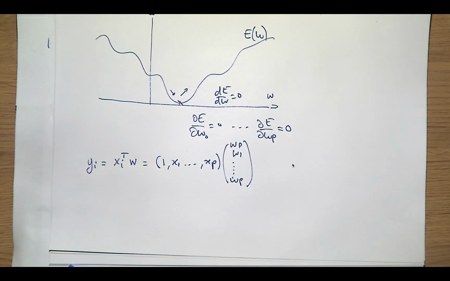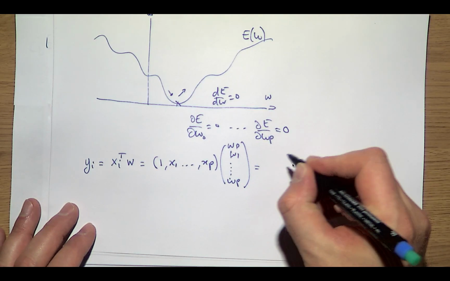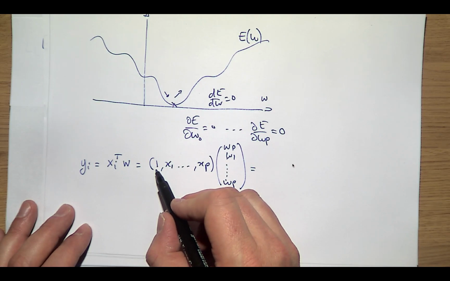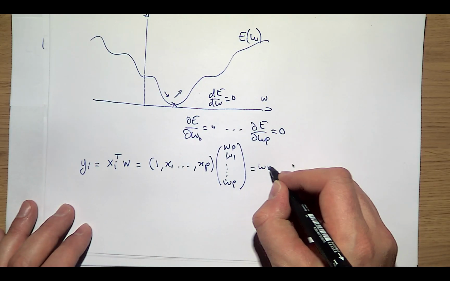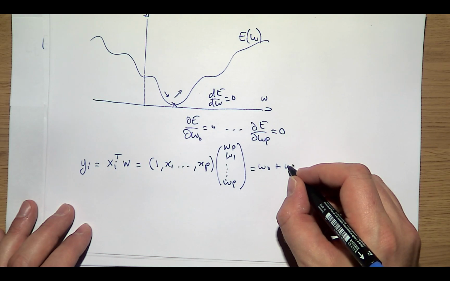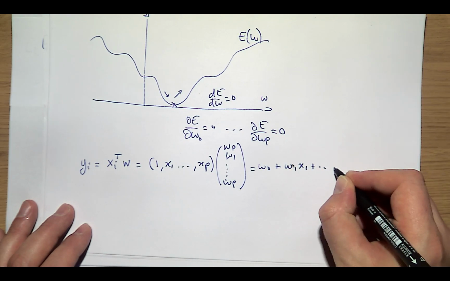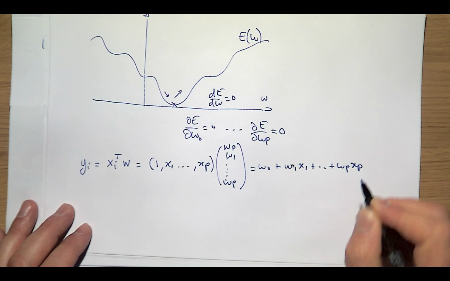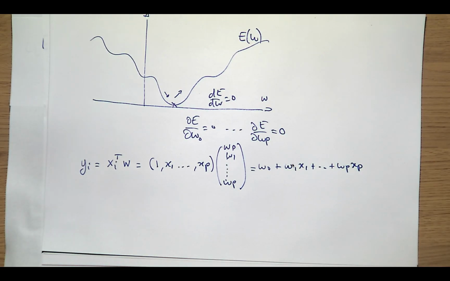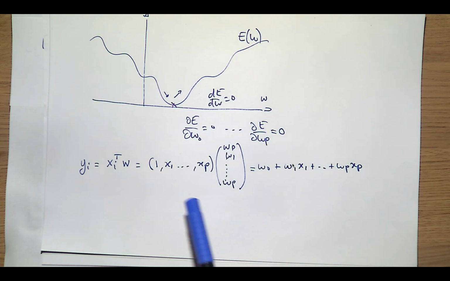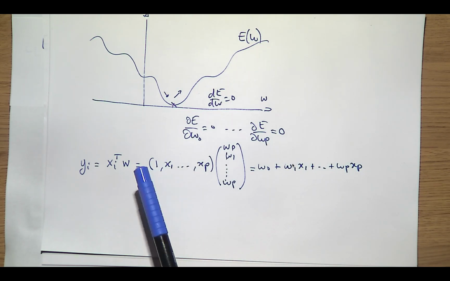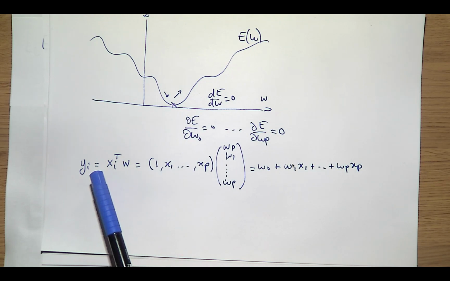This is a product of two vectors. If I multiply term by term, it's 1 times W0 plus x1 times W1, and so on. It's classic stuff, and that corresponds to exactly the equation I had for my model. By doing this trick of putting the 1 in as one feature, I directly get that notation and it stays compatible with the offset or the bias.